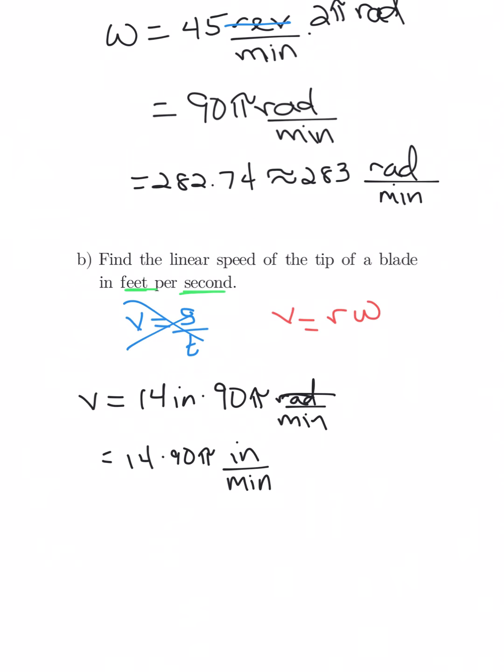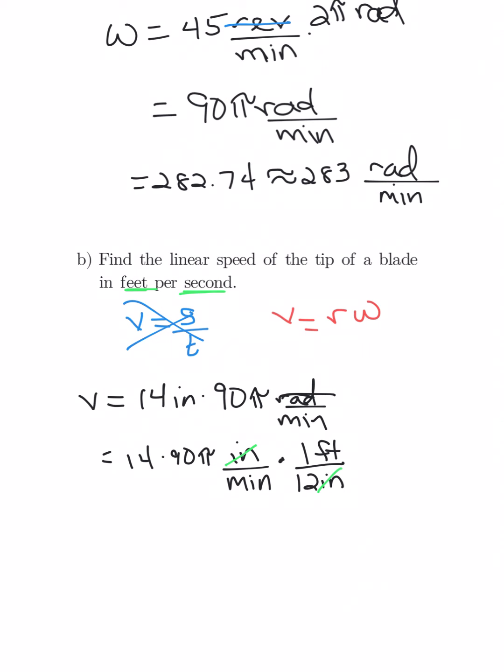So we're going to take this times a proportion of inches and feet, and in order for inches to cancel, it needs to be in the bottom. So we're going to have 12 inches in the bottom, 1 foot in the top. So now inches has canceled, and we have a unit of feet, which is what we want.